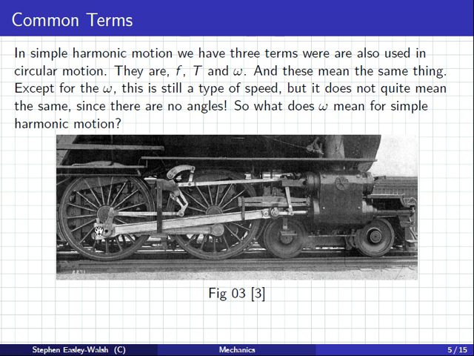So let's imagine this is moving 1 radian per second. Do you see this thing here? It's moving left and right, isn't it? What type of motion is this? Simple harmonic motion. The omega here in the simple harmonic motion is the same as the omega here.